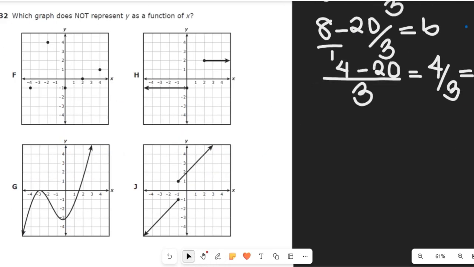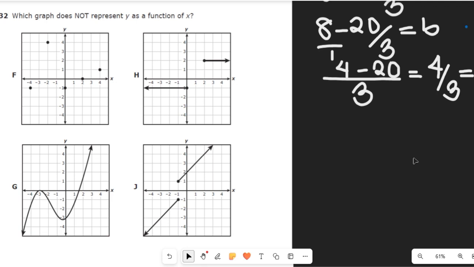Which graph does not represent y as a function of x? Now, in order to answer this question, I'm going to give you the definition of a function, and then I'll give you 2 tips that can help you answer a question like this. 1, you've come to learn that a function is a relation where each input, which is the x value, has exactly one output, which is the y value.